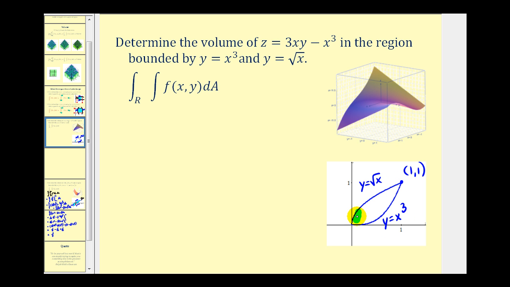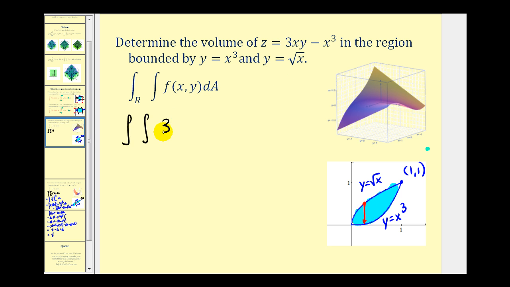So the region of integration is this region here. And to set this double integral up, we need to decide whether we want to integrate with respect to y first or with respect to x first. Notice that it's bounded by the two functions above and below, as well as to the left and to the right. But because these functions are already solved for y, we're going to integrate with respect to y first, and then with respect to x.